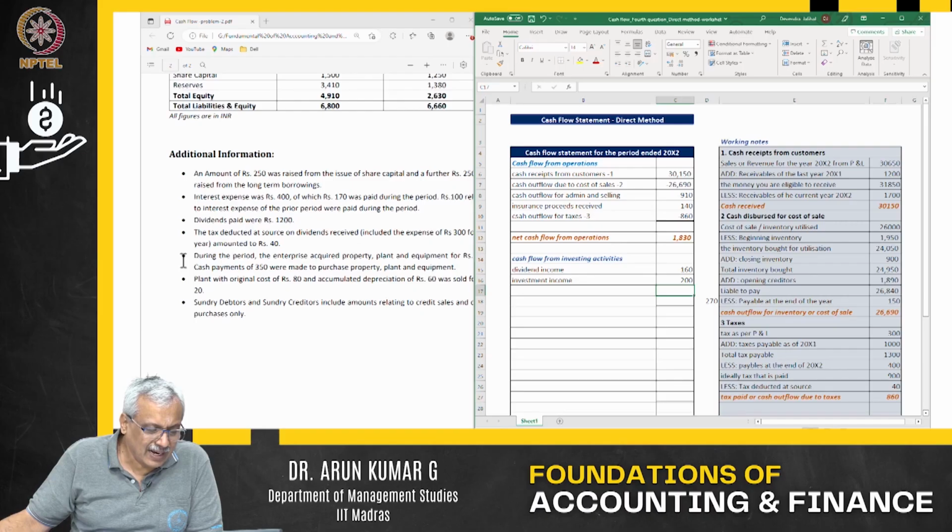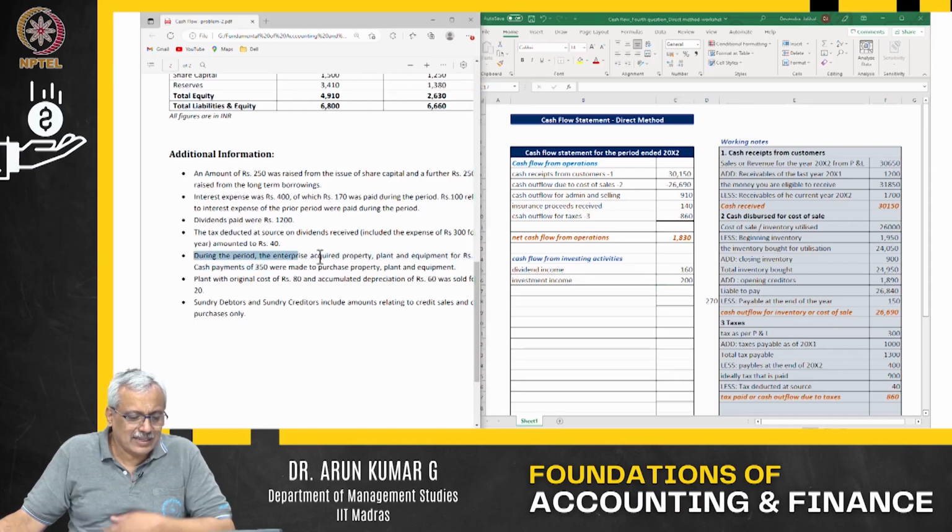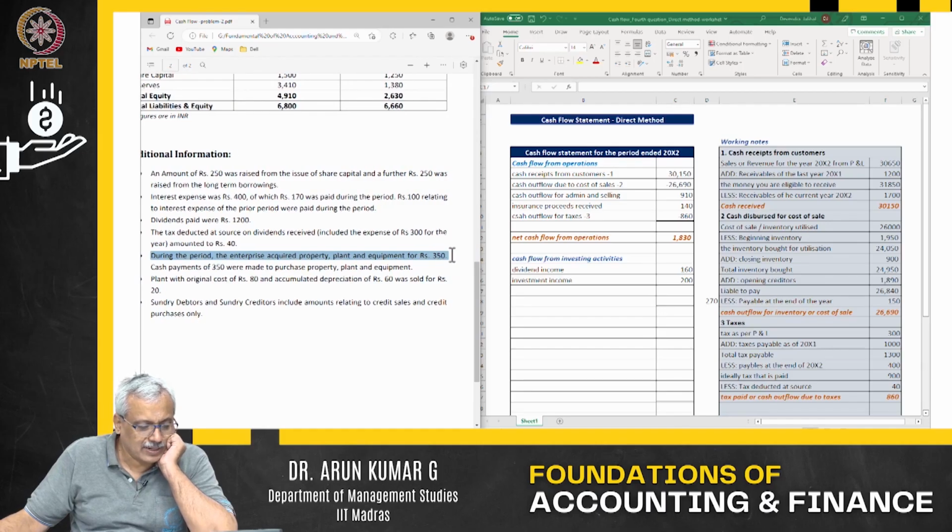It says that during the period the enterprise acquired property, plant and equipment for about $350. Cash payments of $350 were made on the purchase of property, plant and equipment. That means during the period they acquired something for 350 and you have made cash payment.